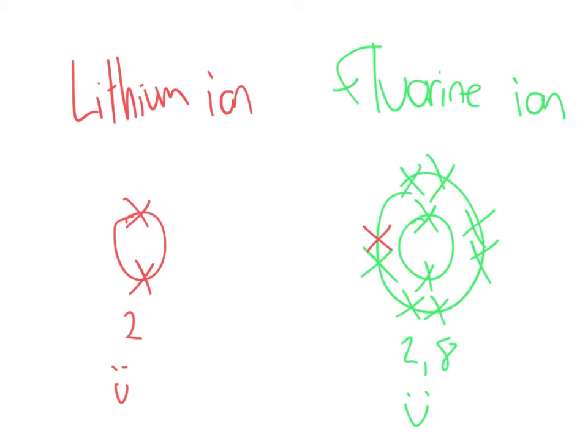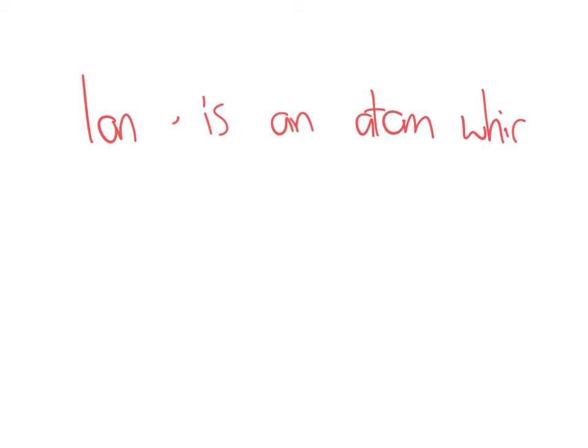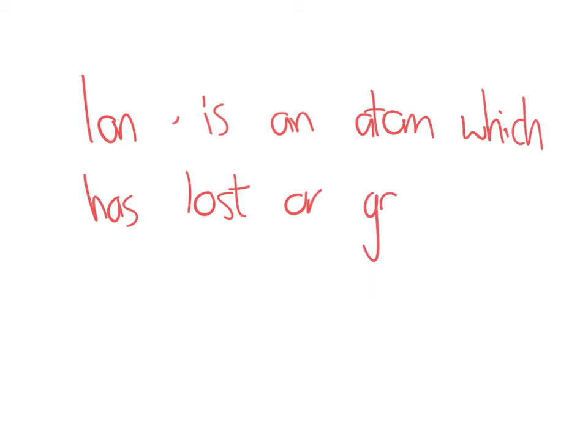So underneath your diagram, I want you to define what an ion is. An ion is an atom which has lost or gained electrons.